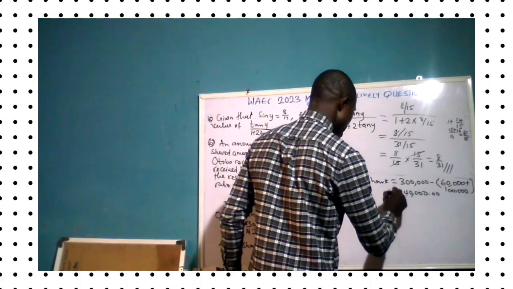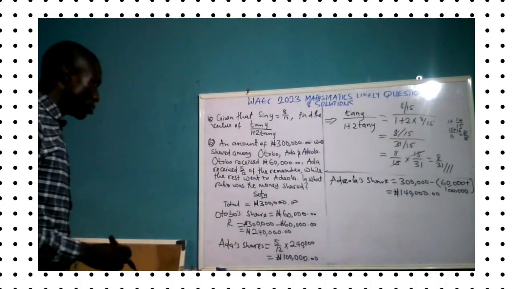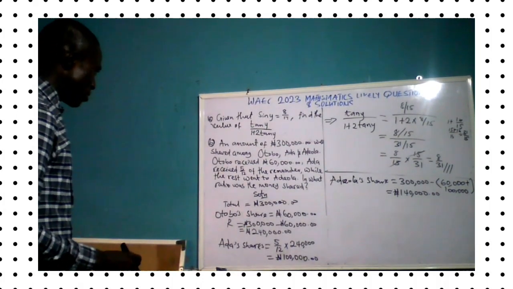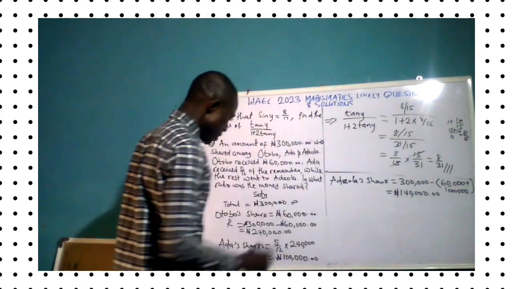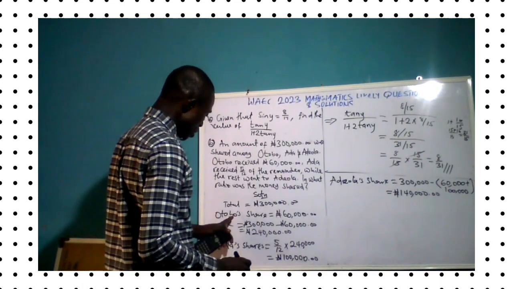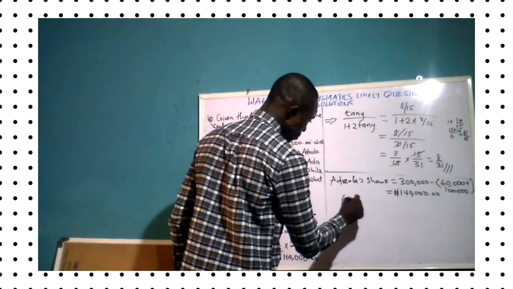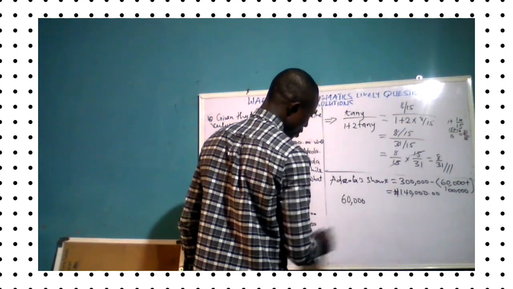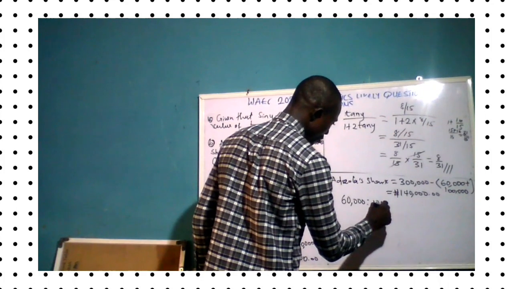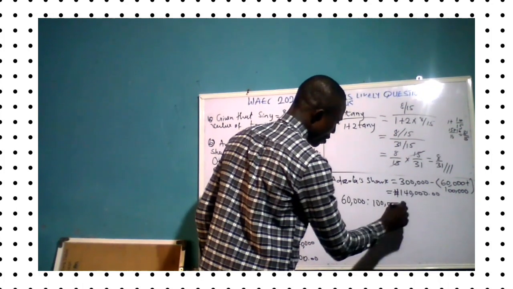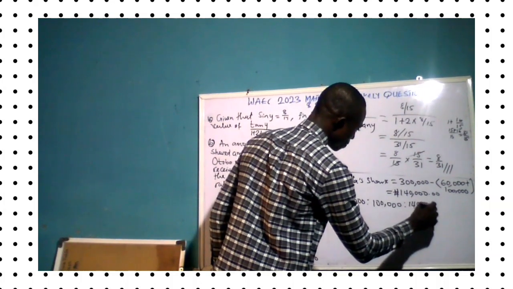Now we are asked to find the ratio in which the money was shared. That's Otobo's share, which is 60,000, ratio Ada's share, which is 100,000, ratio Adiola's share, which is 140,000 naira.